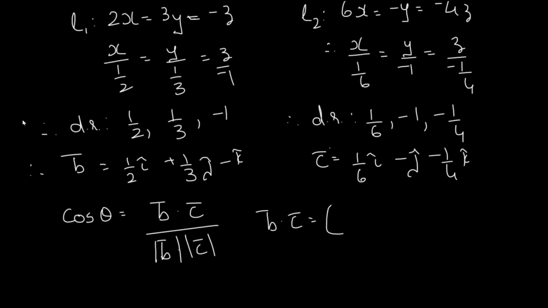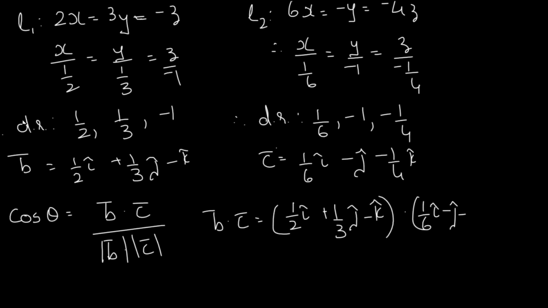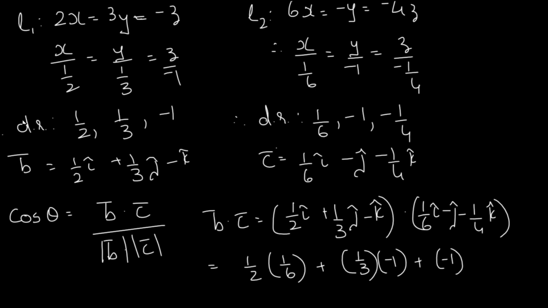It is given by the dot product of B and C, that is 1 upon 2 i plus 1 upon 3 j minus k dot the other vector, that is 1 upon 6 i minus j minus 1 upon 4 k. And then finding it further, we get 1 upon 2 into 1 upon 6 plus 1 upon 3 into minus 1 plus minus 1 into minus 1 upon 4.